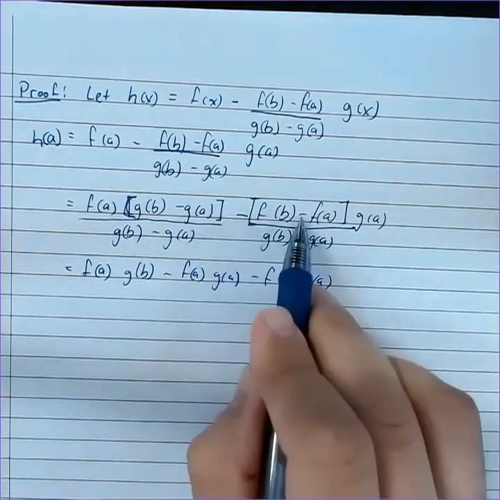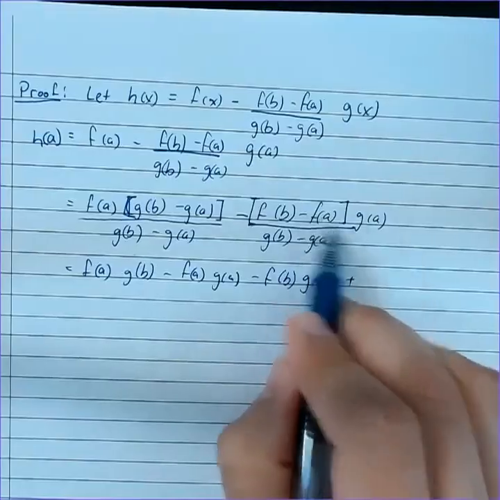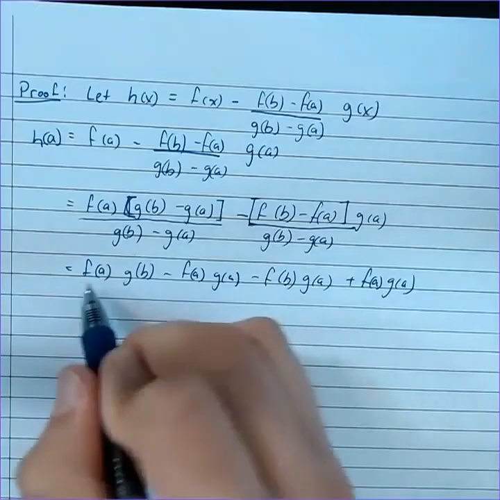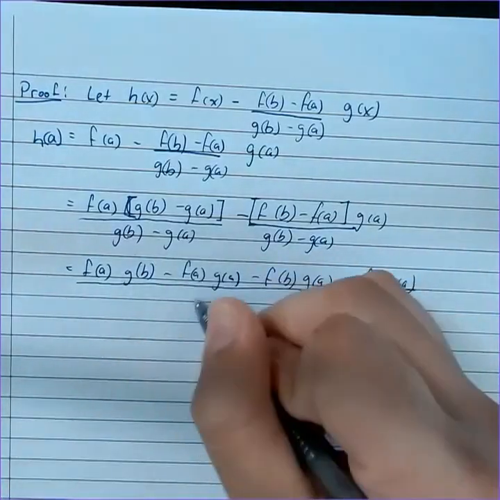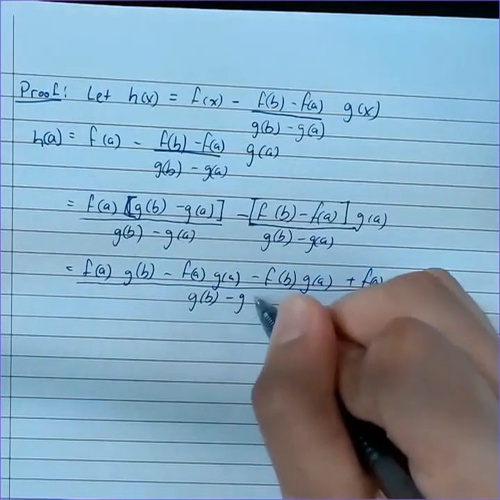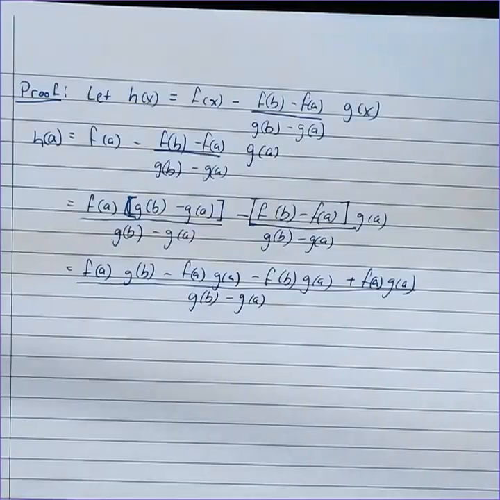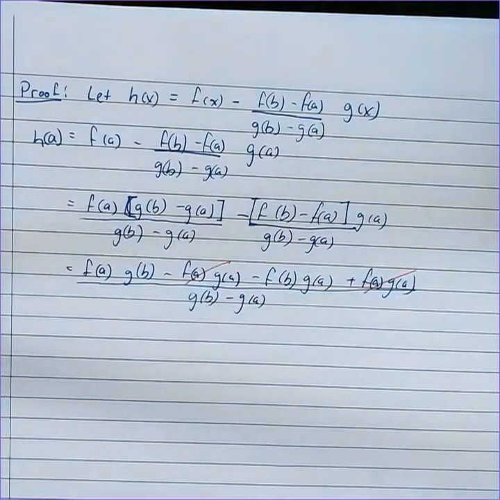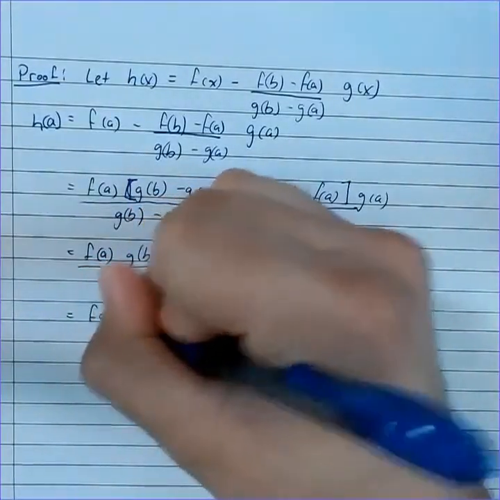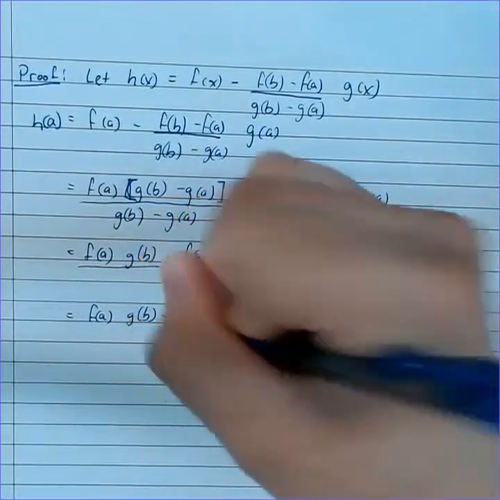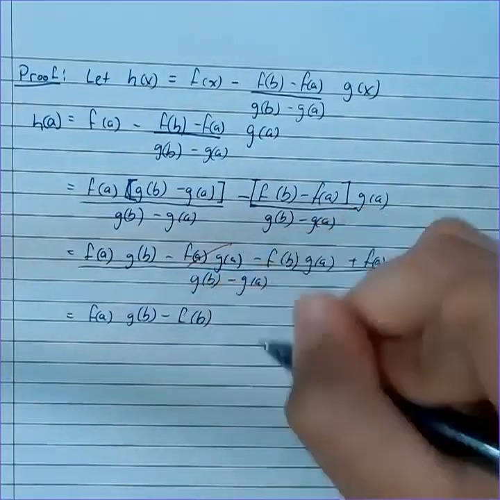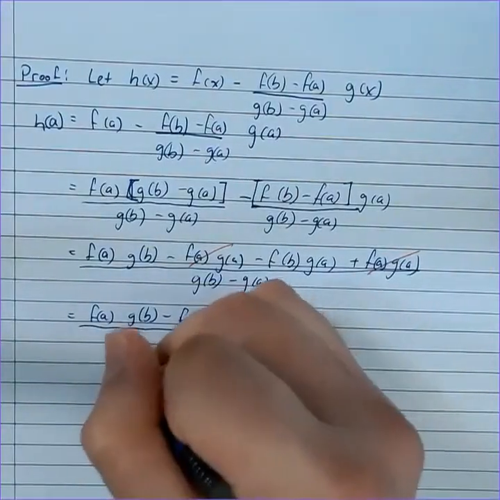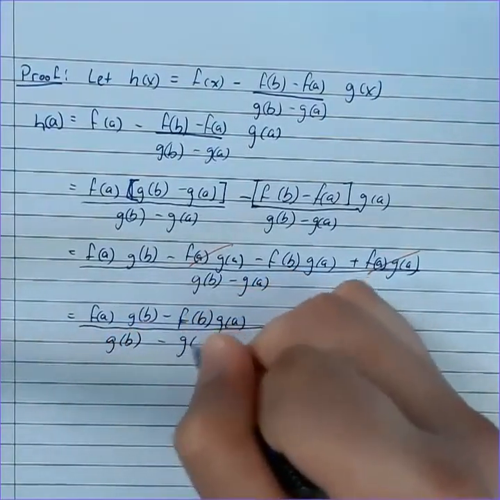And then minus a minus, so that becomes a plus, f at a times g at a, over that common denominator, g at b minus g at a. Just like that. And now you notice a couple of things subtract away, literally a couple, that one minus that one. So those are gone. So now we can write this as f at a times g at b minus f at b times g at a over g at b minus g at a.